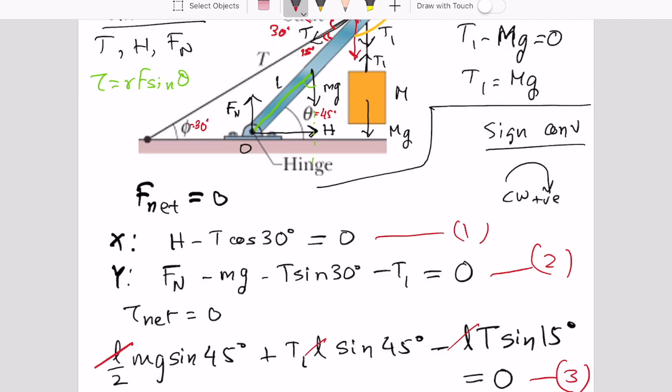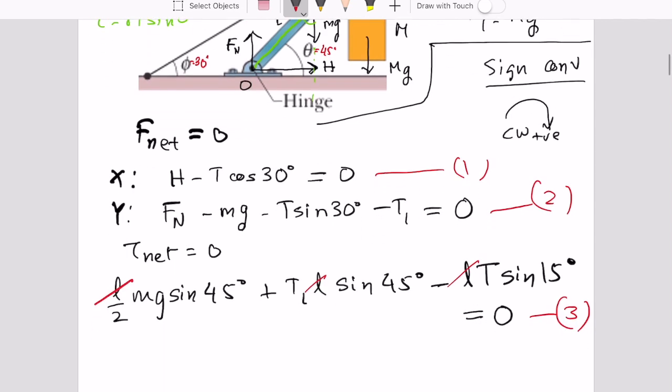So even though you have a system of three simultaneous equations, the good news for these problems is that it's usually a very simple system. It's not bad, you don't need a fancy calculator to solve them at all. Okay, so from these equations you can just solve for Fn, H, and T. And that's how you do all these problems.